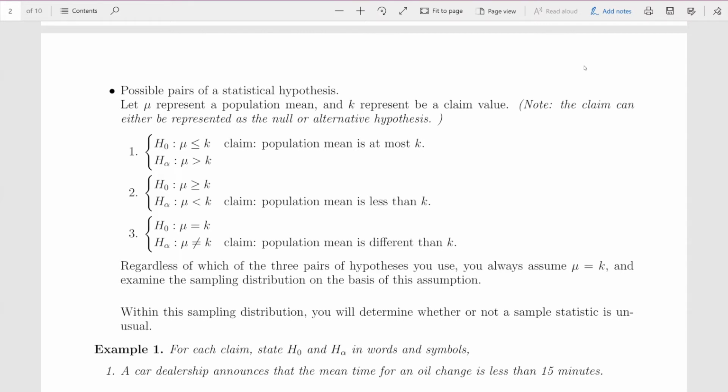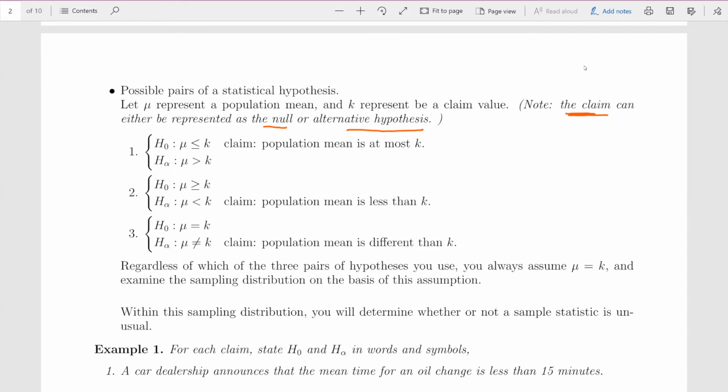Another thing to keep in mind is the claim. The thing that you or people claim can be represented as the null or as the alternative hypothesis. It doesn't matter which hypothesis statement you are claiming.